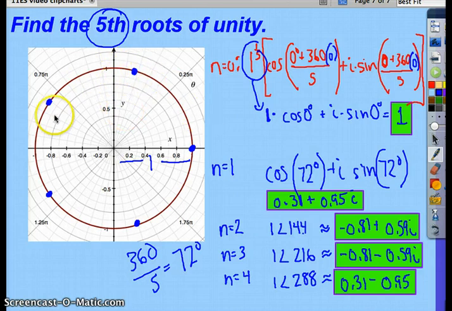Again, you can see they are evenly spaced with 72 degrees between them. Unity should be easy. Your modulus will always be 1. Your original theta will always be 0. And finding the amount of increase, simply take 360, divide by how many roots you want.